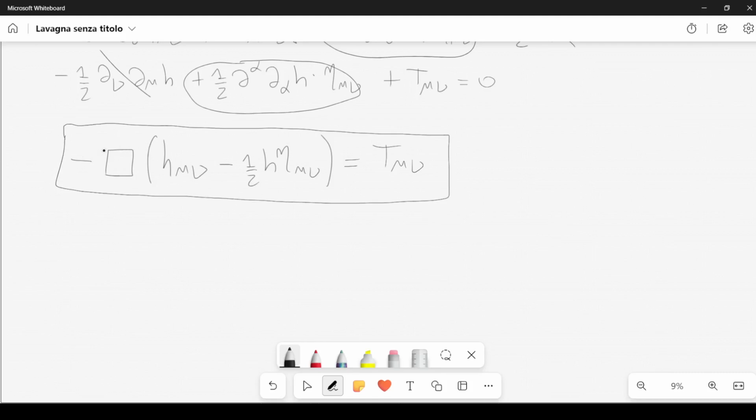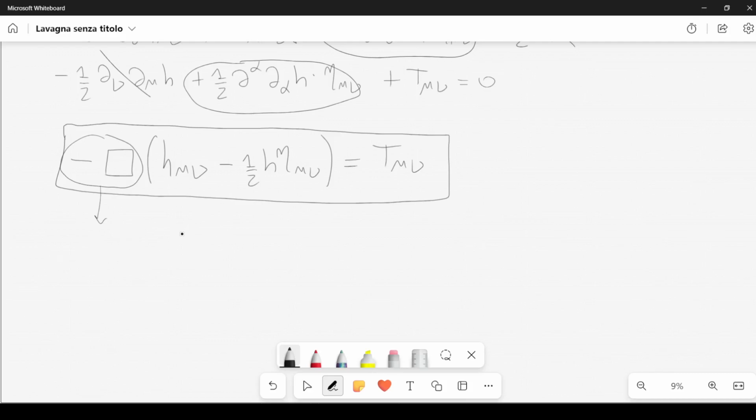Of course, there is this minus sign, but also remember that we have a particular signature for the Minkowski metric. So at the end of the day, this operator here is just 1 over c squared d squared dt squared minus the Laplacian, right?